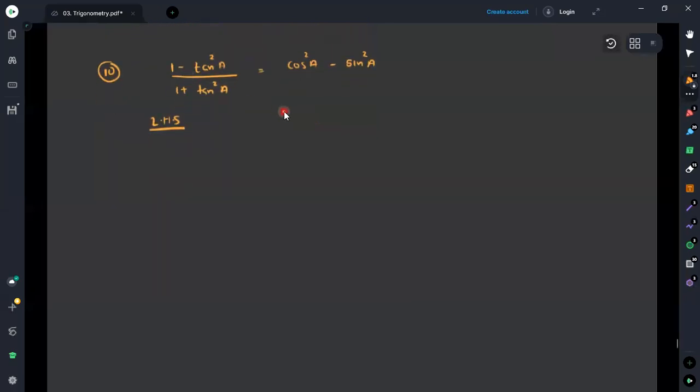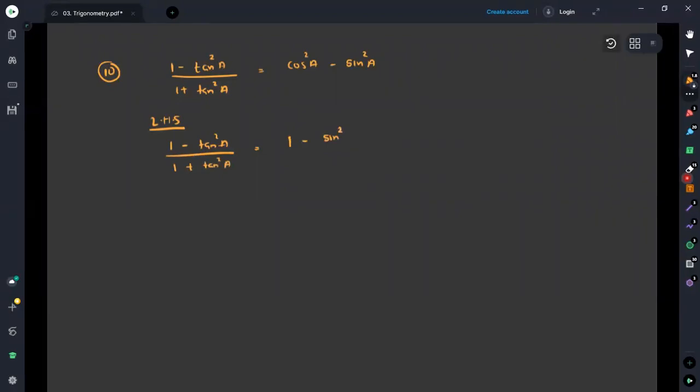Therefore, I will take this as 1 minus tan squared A. I will try to write this tan squared A using the sine and cosines.